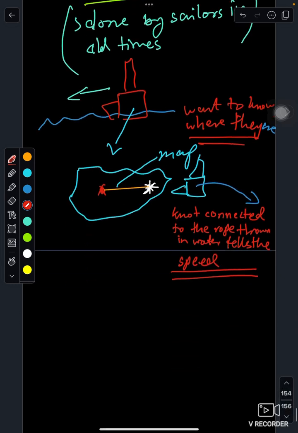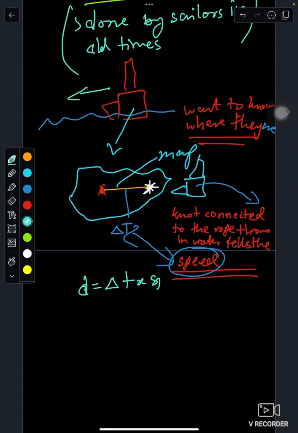Now we have the speed, we have the time. So what's the relationship? How can we find distance? The distance s is equal to time times speed.